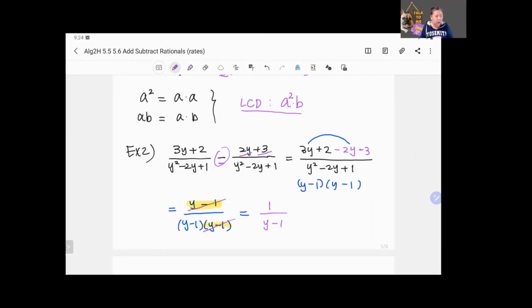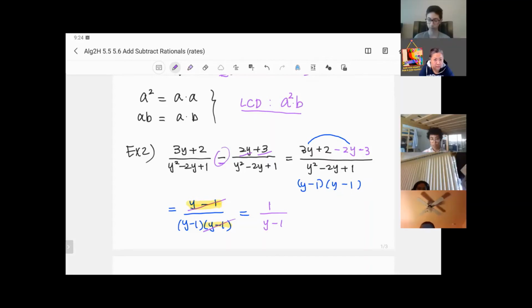But still we are supposed to state something else. What should we say here? We are responsible for one more thing. Who remembers it? We have to say something further after you entirely simplify. What is it?